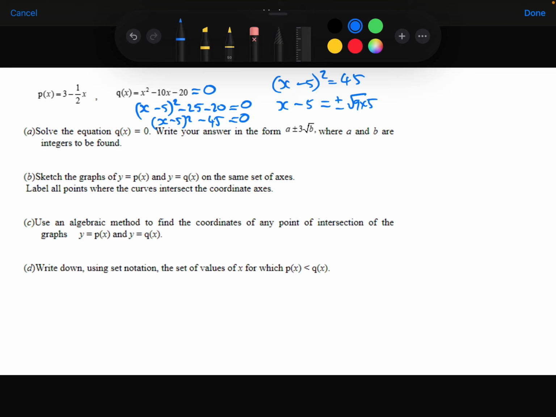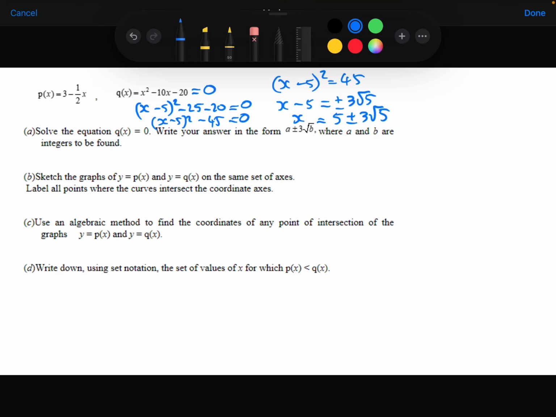The square root of 5 is root 5, so that's going to be 3 root 5. Add the 5 to both sides, and I get 5 plus or minus 3 root 5. So that's my answer to part A.